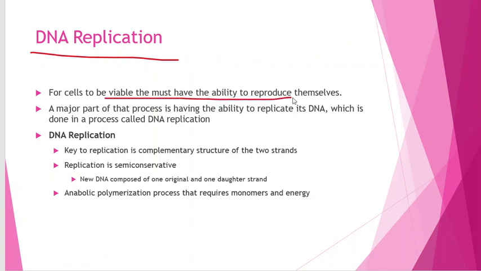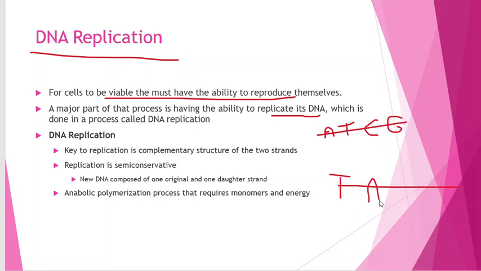Cells have to be able to reproduce, replicate the DNA, and the whole thing about this is, again, the complementary strand. I'm just going to write one up here, guys. Now, we know I do this to transcribe DNA, right?